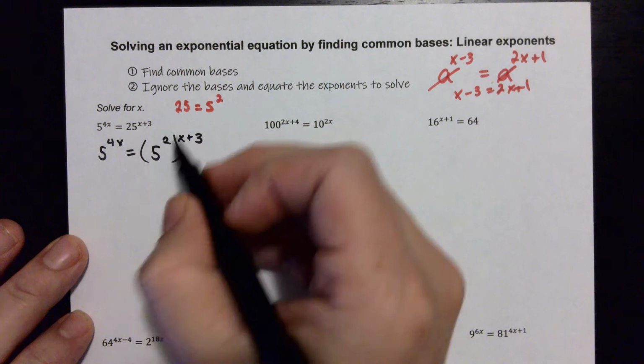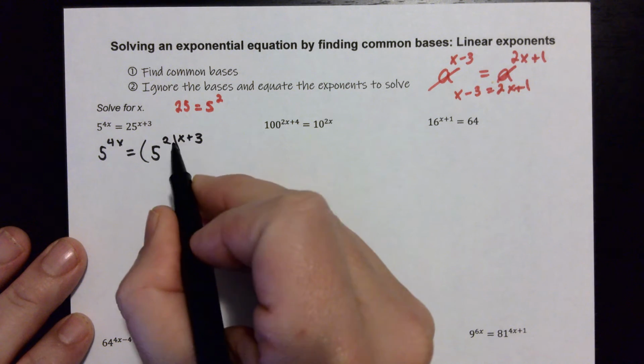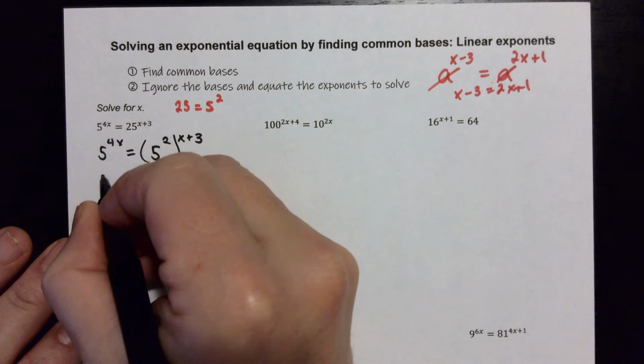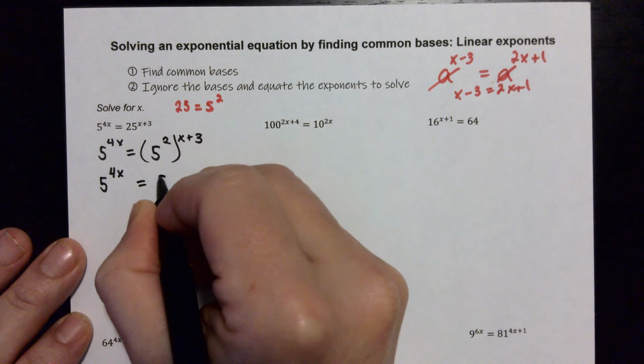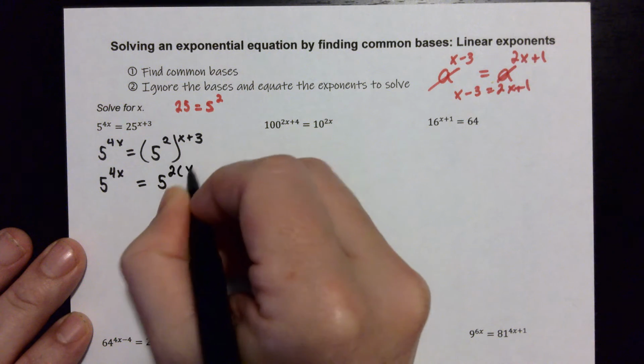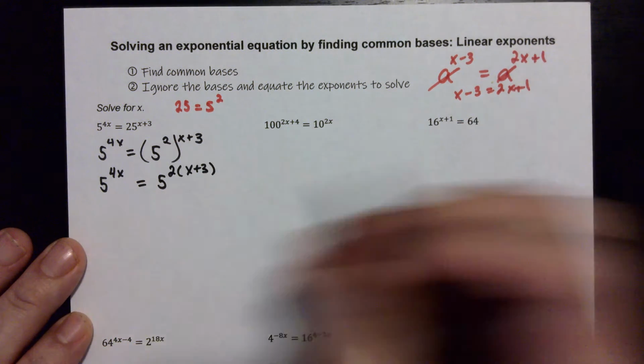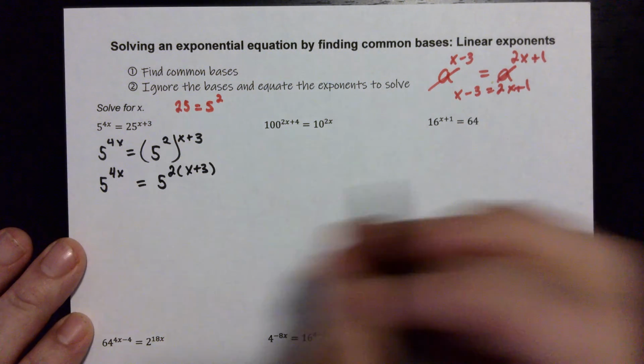We have the same bases, and when you have a power to a power, you simply multiply. So it would end up being 5 to the 4x is equal to 5 to the 2 times x plus 3.